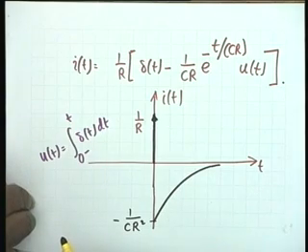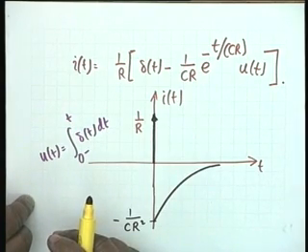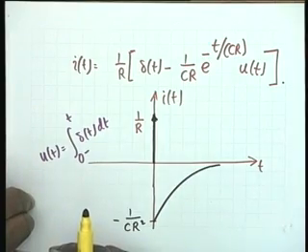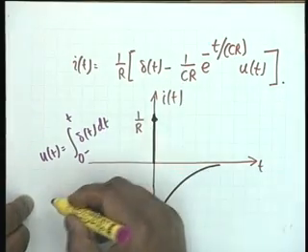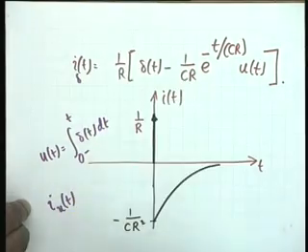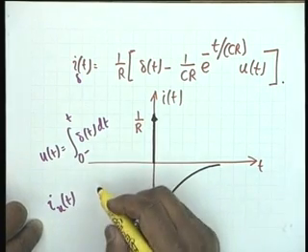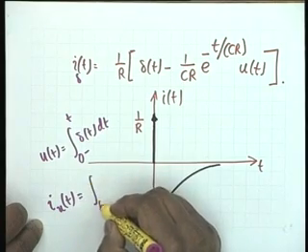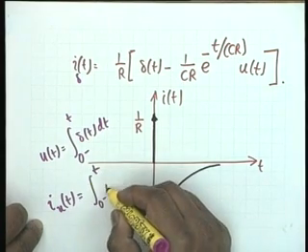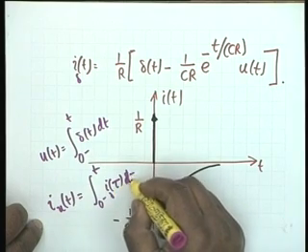Unit step is the integral of the unit impulse, and therefore, because it is a linear system, the unit step response, that is i u t, if I call this i delta t, the current response due to a delta function excitation, then the unit step response would be simply the integral from 0 minus to t of i delta tau d tau.